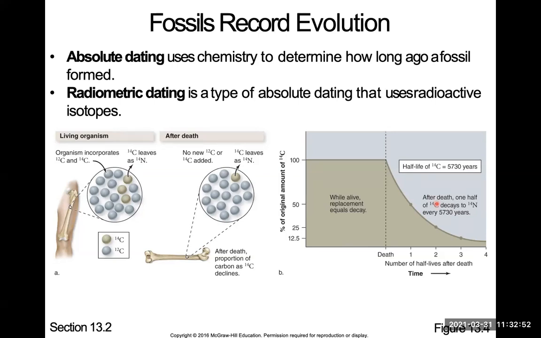If I have a fossil that has a half-life of 5,000 years, not 5,730 here, I'm giving you an exact number, 5,000 years. What percent is remaining after 10,000 years? 25%? 25%, because in 5,000 years it's going to go to 50, and in another 5,000 years it's going to go to 25. So you can expect those types of questions on the exam.